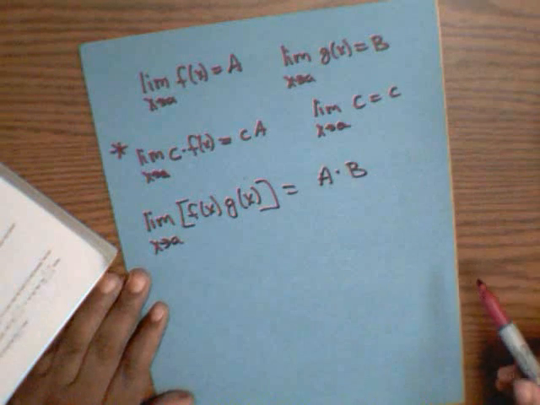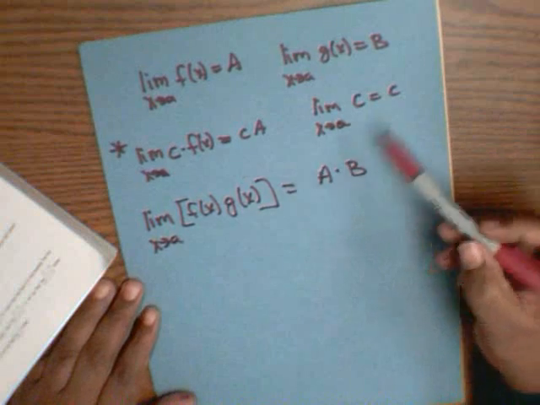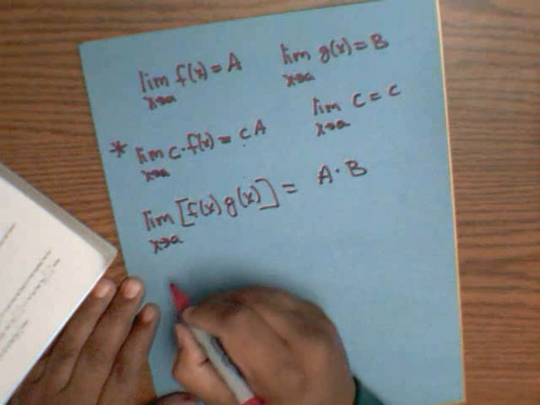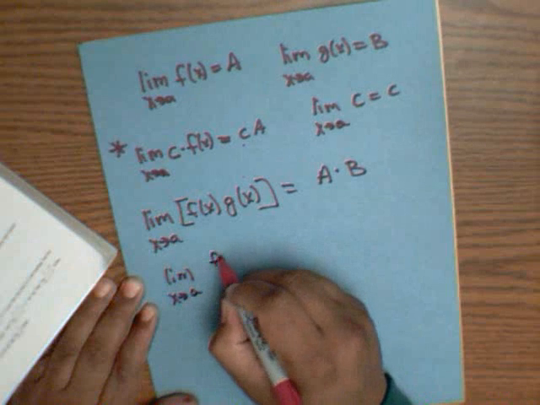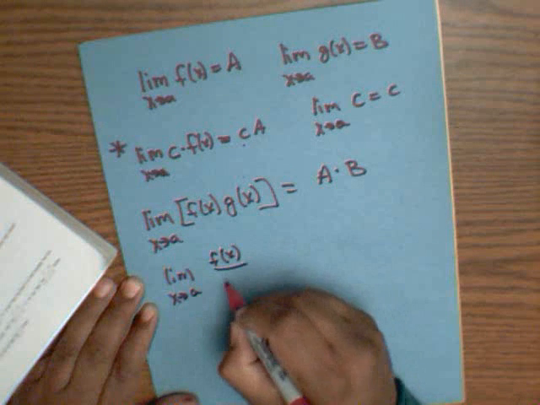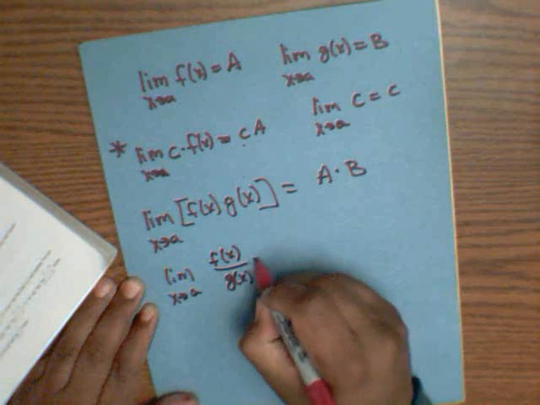Essentially, that's what just happened here. You can see that there. Or the limit as x approaches a of f of x divided by g of x, guess what that's going to be equal to?